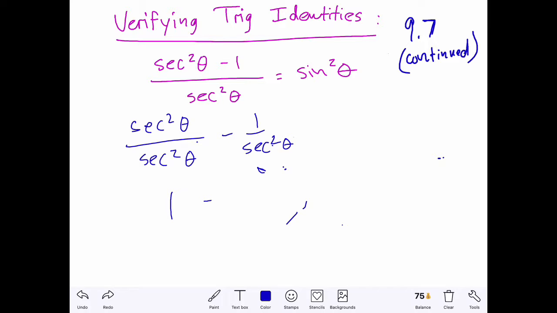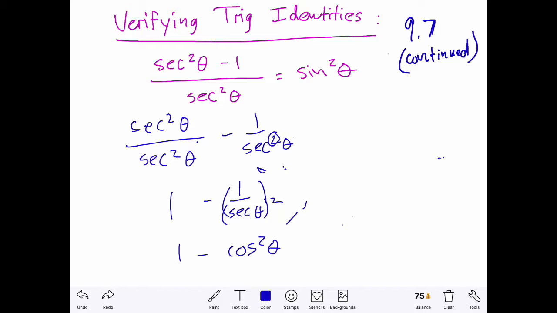And when we have this squared, that's essentially like 1 over secant theta squared. Well, 1 over secant theta is the same as cosine. So that would be 1 minus cosine squared theta.